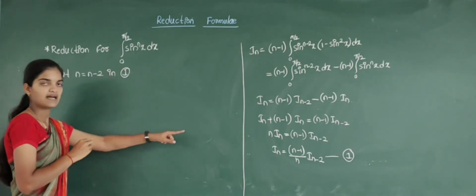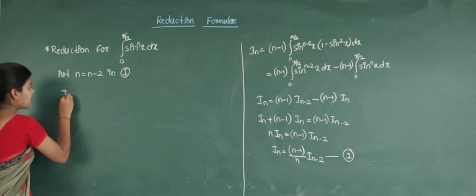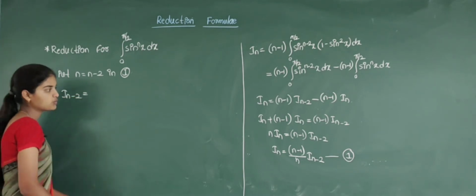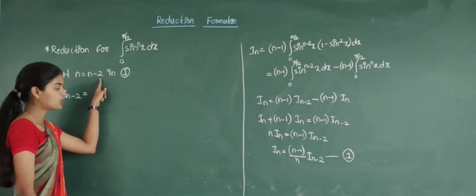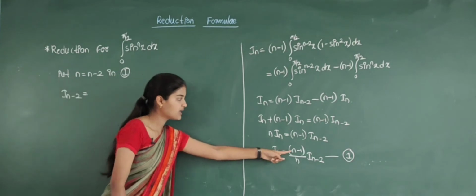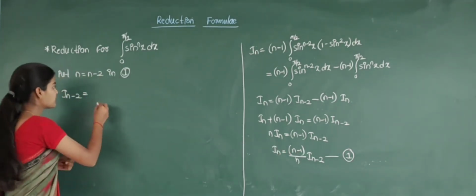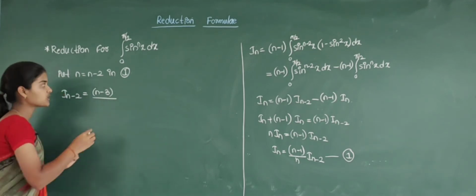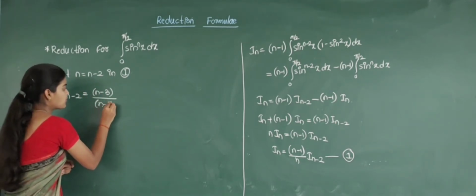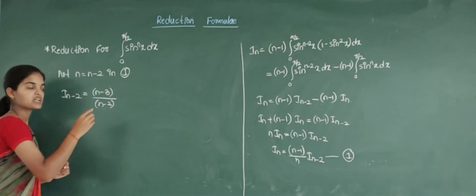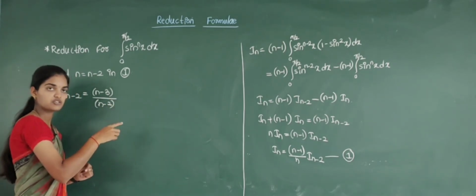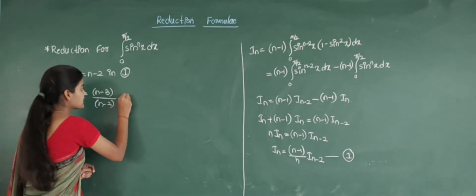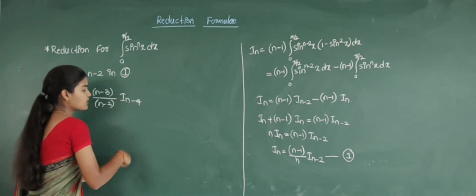So what we will get, I_n becomes I_(n minus 2) is equal to (n minus 2) minus 1, so in total it becomes (n minus 3) divided by n, which becomes n minus 2. So the denominator is n minus 2 and it is I_(n minus 2) minus 2, so in total we will get it as I_(n minus 4).